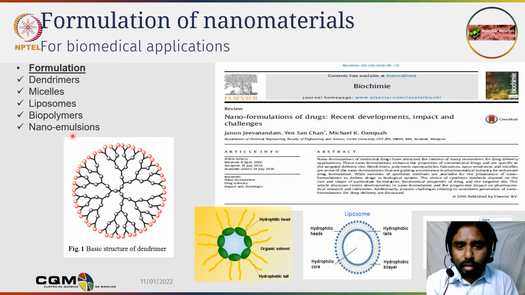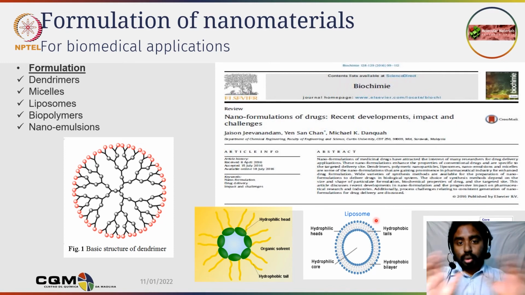And you also have core shell nanoparticles, right? You have a core nanoparticle, and over that you can functionalize some biomolecules, which is also a core shell nanoparticle. You can also use them, right? So these are all nano formulations, right?